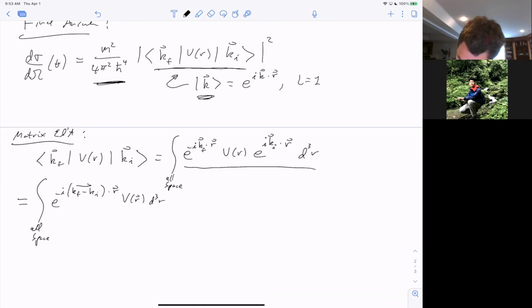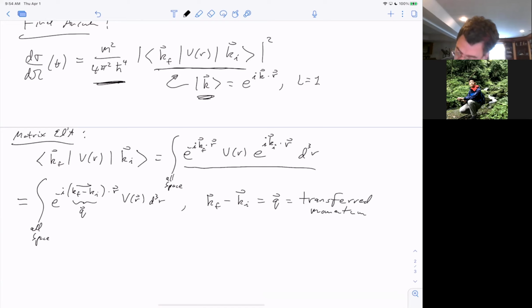It's a really interesting matrix element, because I can think of k_f minus k_i as the transferred momentum, which I'll call q. That's the momentum transferred to the particle.